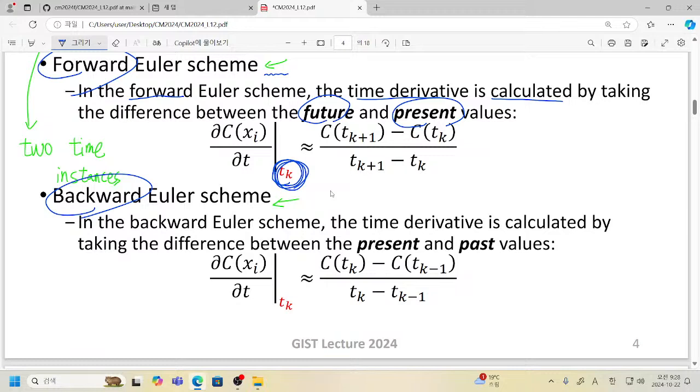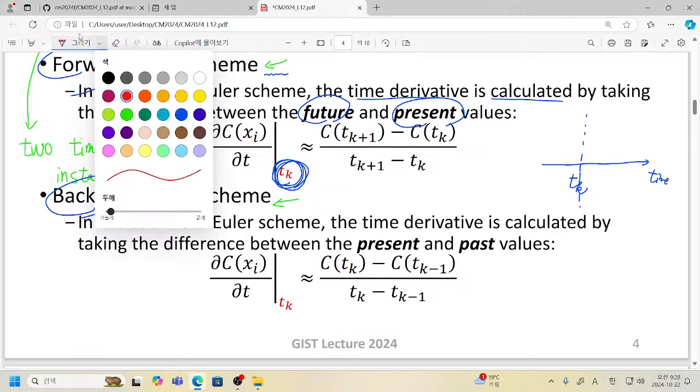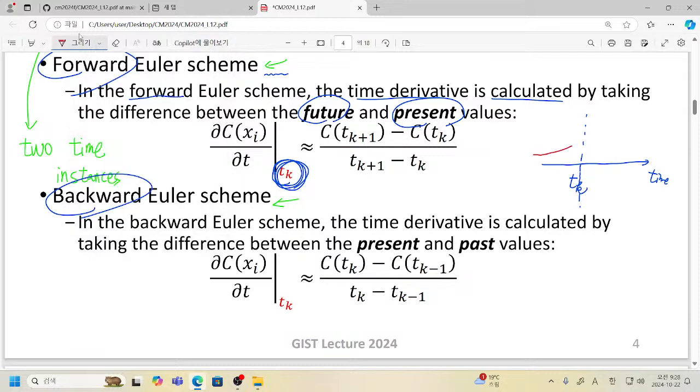So in this case, if this is a time axis, and let's just say that currently we are at t of k, then, for example, let's say that the real solution just looks like this, an exponential increase.